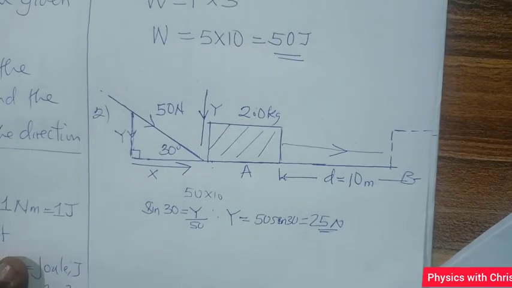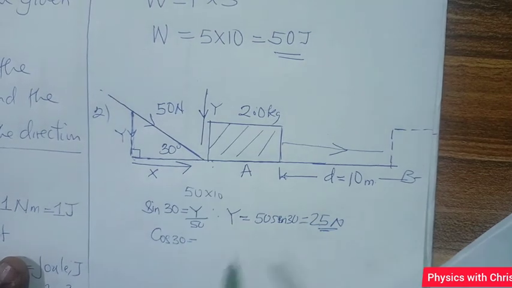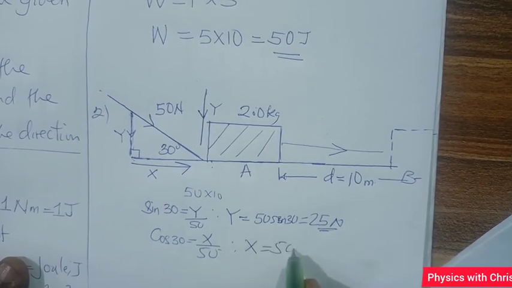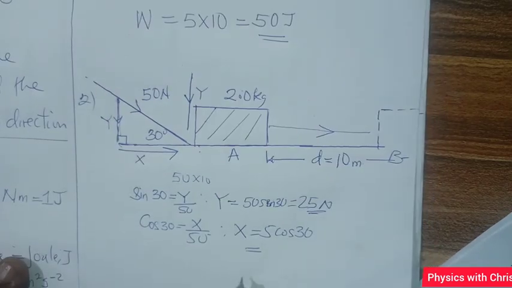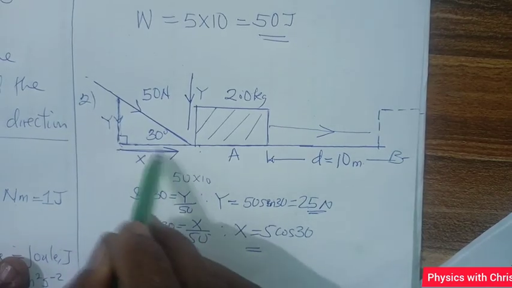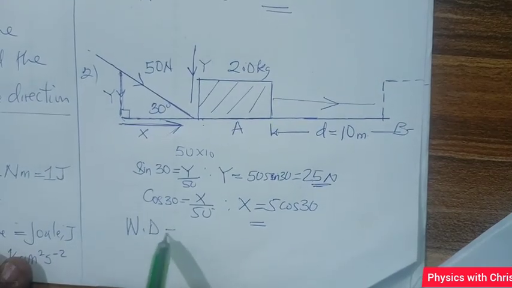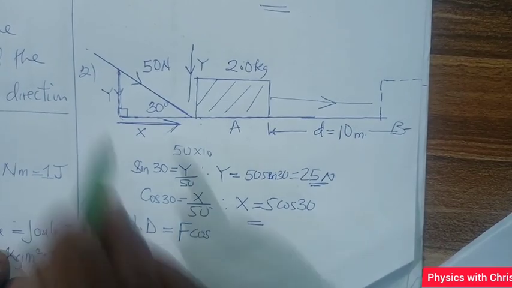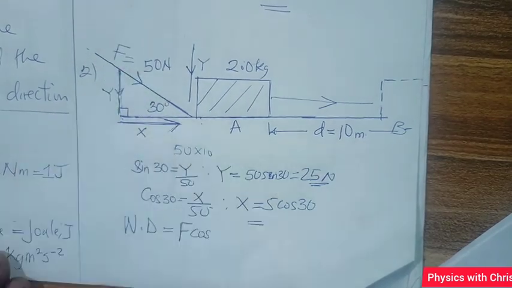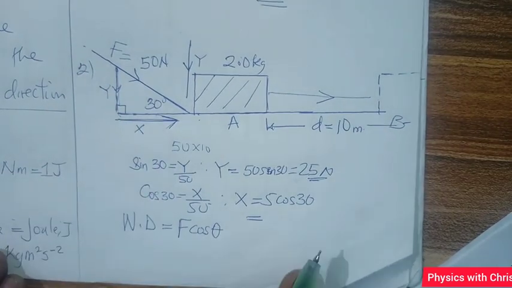So let's find the x component using the cosine. Cos 30 gives me adjacent over hypotenuse, that's x over 50. So my x component is equal to 50 cos 30. When I find that, it will give me the value of the force that is actually acting in this direction. So the work done in this case, generally speaking, is calculated by using F cos theta, if F is the force applied, where theta is the angle that the force line makes to the horizontal.